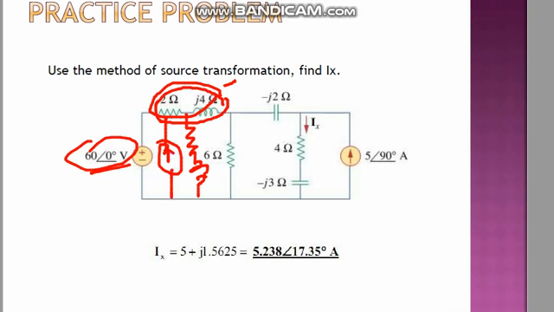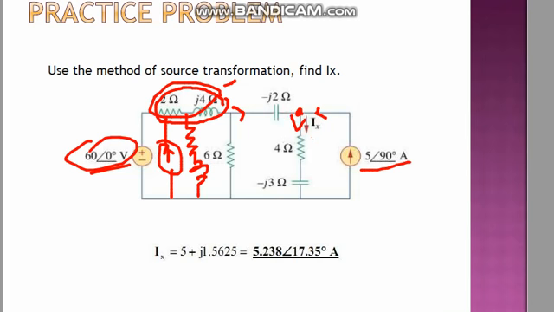After getting this current source, there is another current source, so there are two current sources. This source will go through that direction, and this source will go through that direction. Then the two sources will be additive in that branch. This current goes through here, this current goes through here, and you can easily find Ix from here.